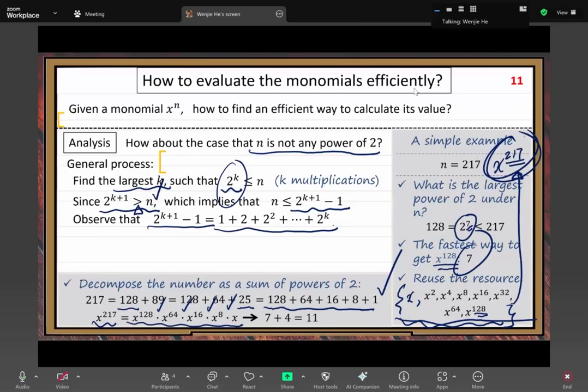If you calculate the summation of this geometric series, your answer is this one. Now you see, this number is the largest in this range, right? So we want to represent the n number in this range.